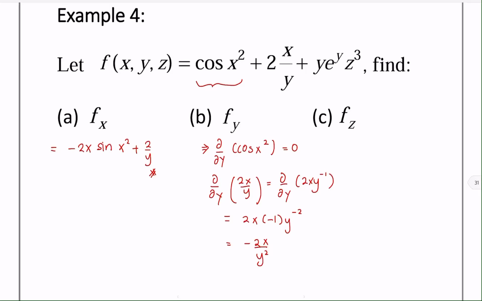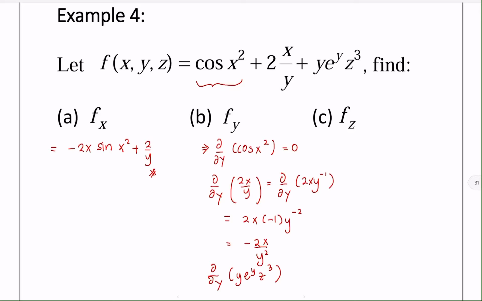Then the partial derivative for y z cubed. This one is a little bit tricky because we have e to the y times z cubed. Z cubed doesn't matter because it is a constant, so we want to differentiate e to the y. In this case it is the product rule.